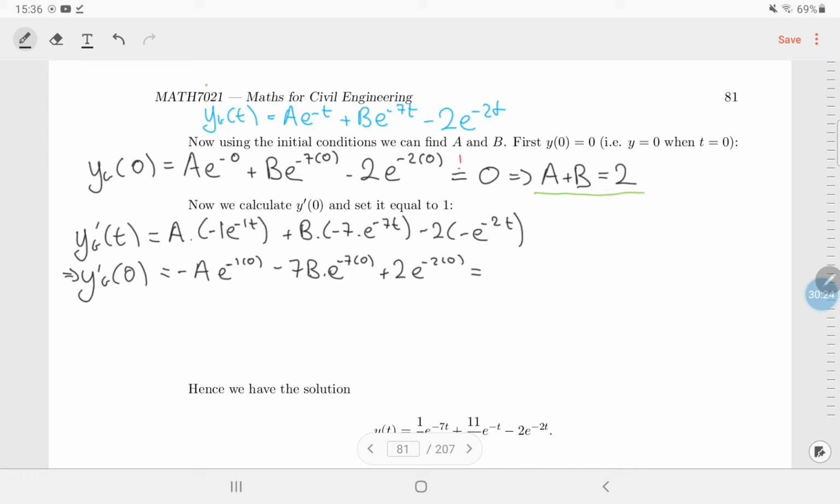And what does that equal? All of the exponentials to the power of zero are 1s, so it's minus a minus 7b plus 2, and that's the value of the derivative at 0. If you look at the question, we want that to equal 1.